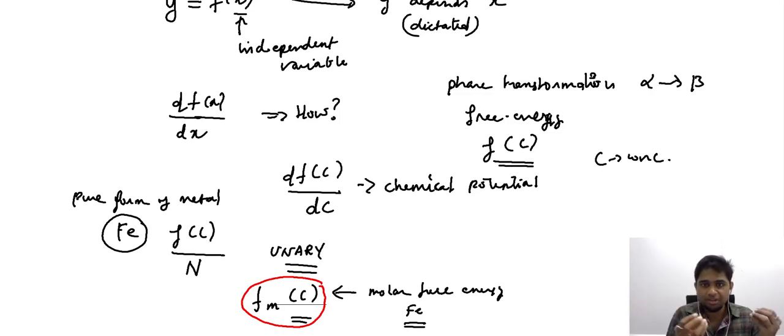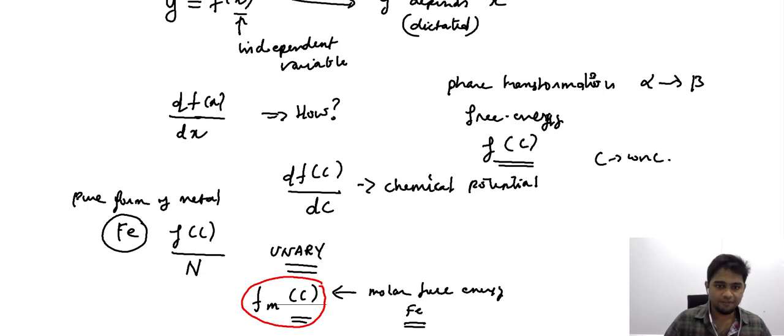Here we treat the number of atoms as moles, and when you take the ratio, you end up with a variable using which you can describe the free energy of a given system with varying number of atoms present in it.